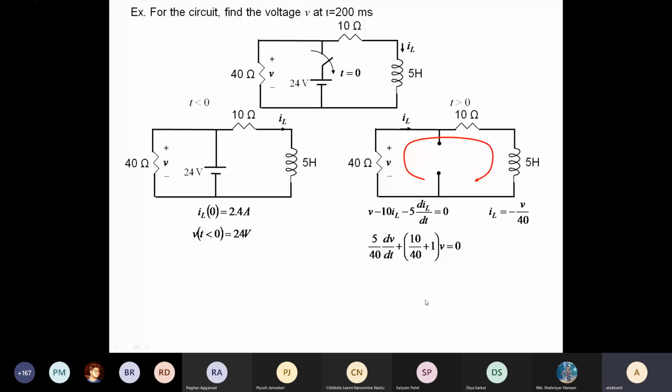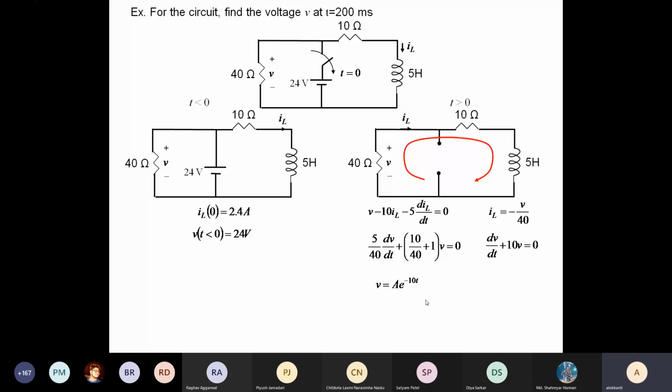Once simplified, you get dV/dt plus 10V equal to 0, and you know how to solve this equation. The solution is V equal to A e to the power minus 10t.